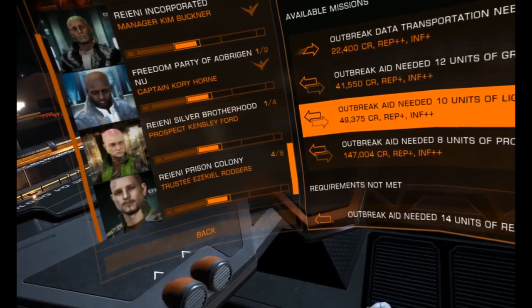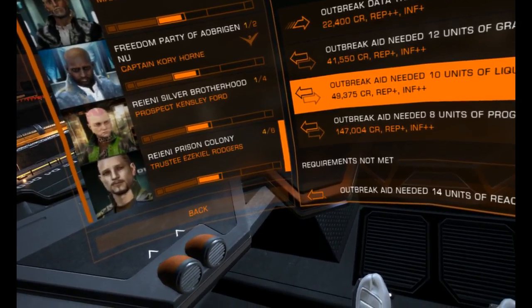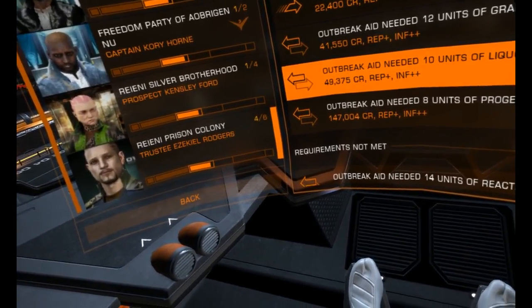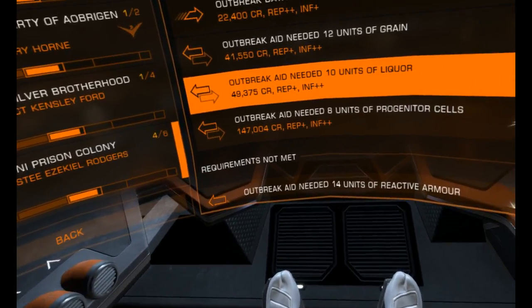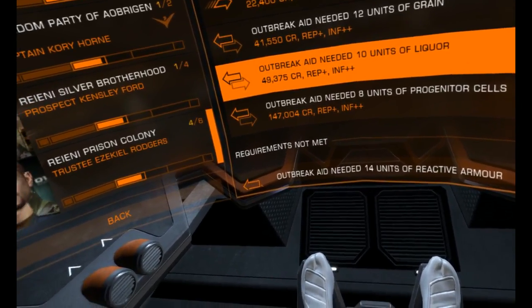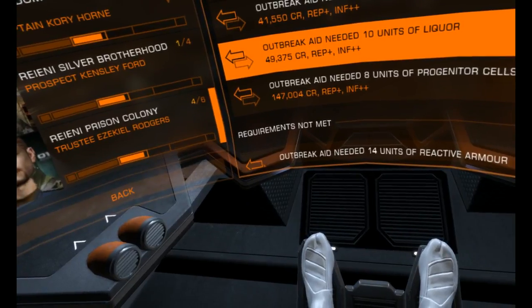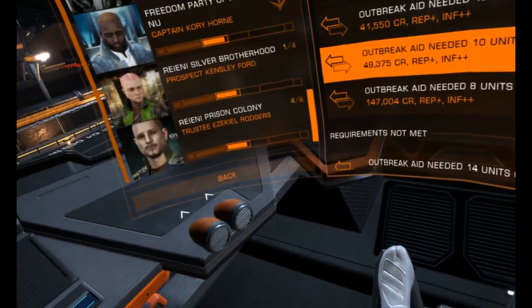Other problems persisted with ED, what's it called, ED Discover, and it locked me out of my EDSM account. So I'll be trying to fix that in the days ahead.